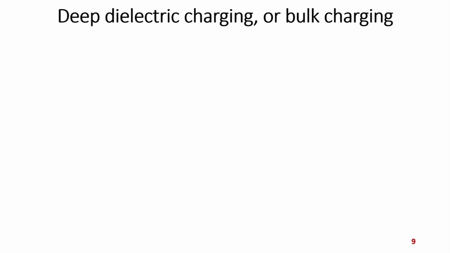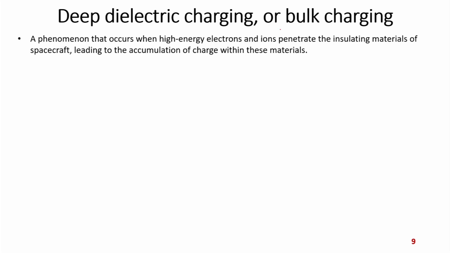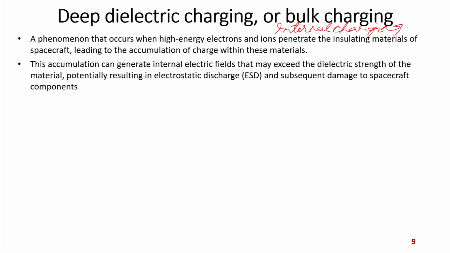Now, what is deep dielectric charging? It is also called bulk charging, and also internal charging. As I already said, this happens when very high energy electrons and ions penetrate the insulating materials of the spacecraft, leading to accumulation of charge within these materials.